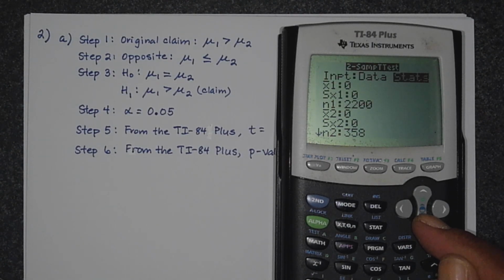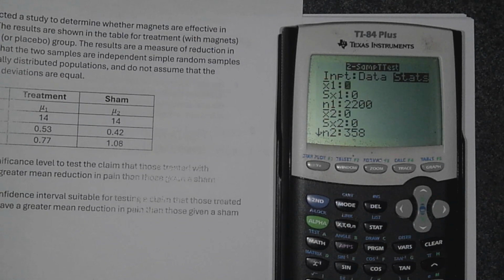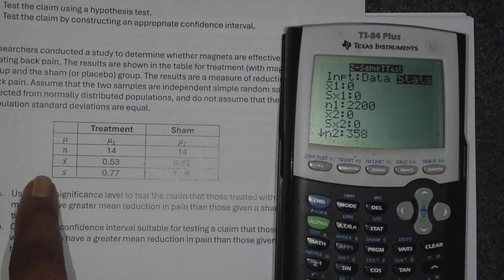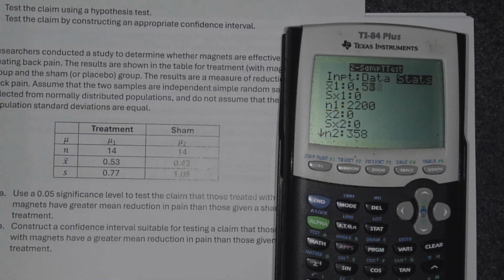Okay, because all we have here is summary statistics. So in this case here, for x bar 1, you have to go here under the first one, which is the treatment. That's 0.53, so we type in 0.53 there.